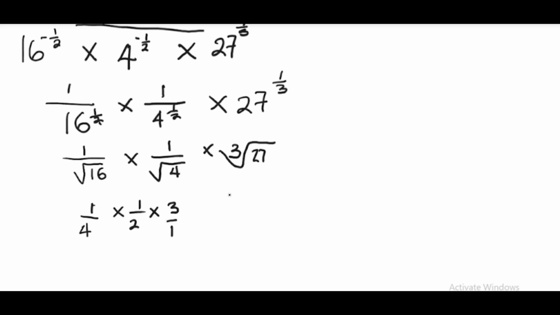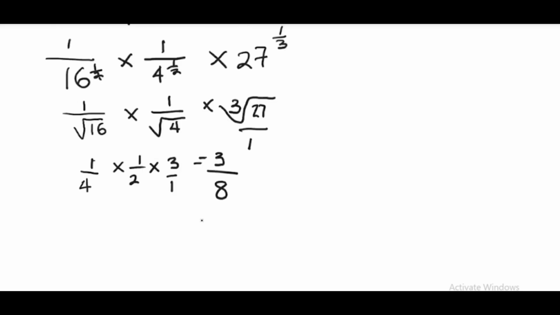So this one doesn't have a denominator. So let's assign 1 because the denominator of every whole number is 1. Okay? So 1 times 1 times 3 will give us 3. 4 times 2 will give us 8. And that is the result.